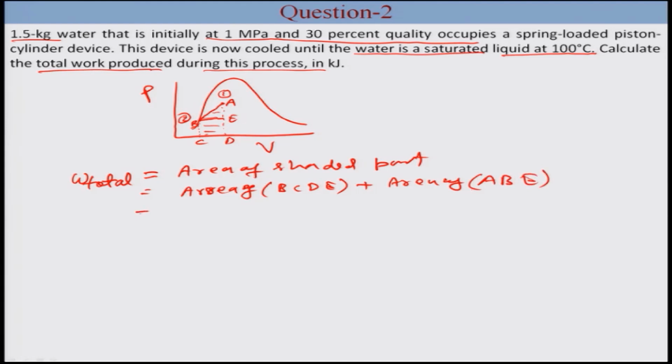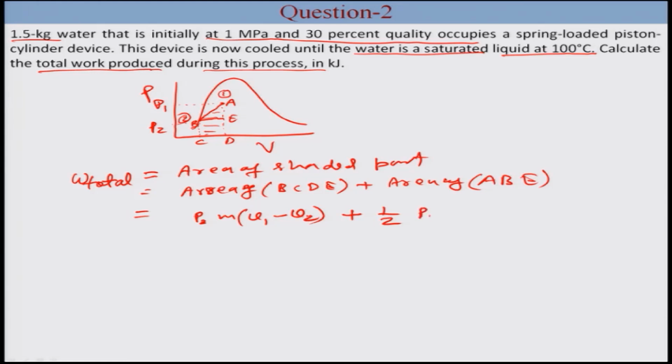Okay, so the area of BCDE will be nothing but, if we see, pressure at this state will be P1 and pressure at this state will be P2. So the total area of BCDE will be P2 into change in total volume, so change in the specific volume into mass, plus the area of this triangle, which is 1 by 2 AE into BE.